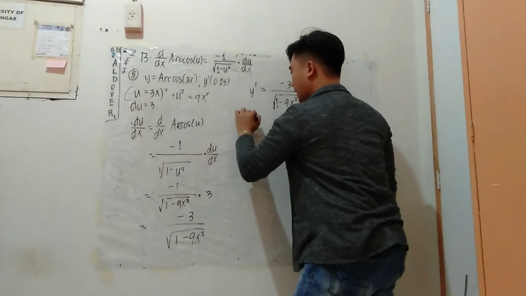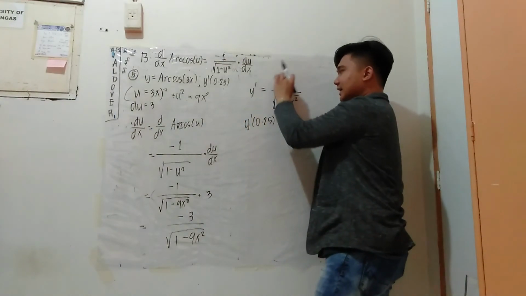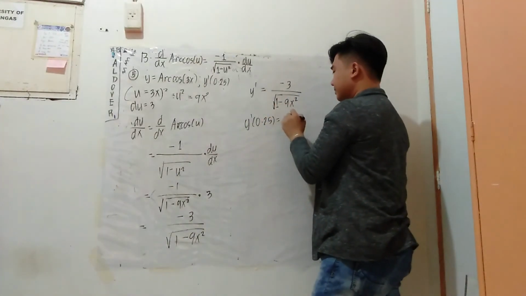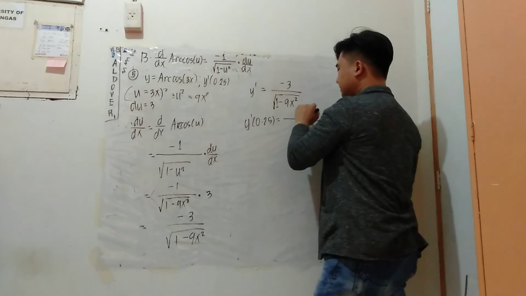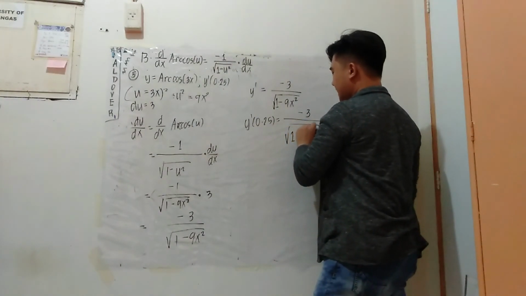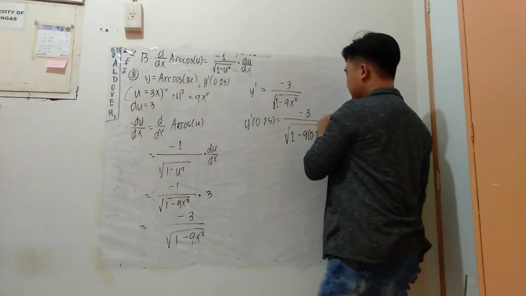Pinapahanap sa atin si y prime of 0.25. Or simply, lahat ng nakikita kong x dito, papalitan ko lang ng 0.25. So that is negative 3 divided by square root of 1 minus 9 times 0.25 squared.